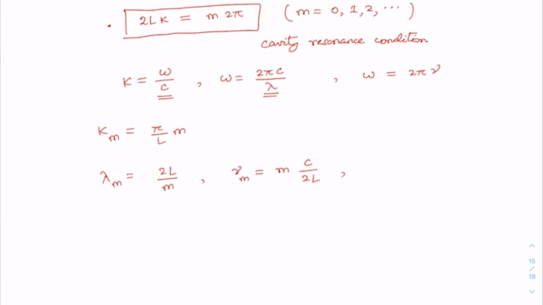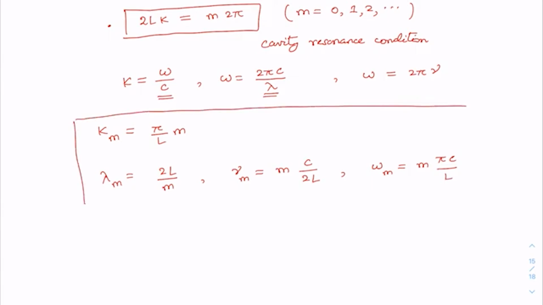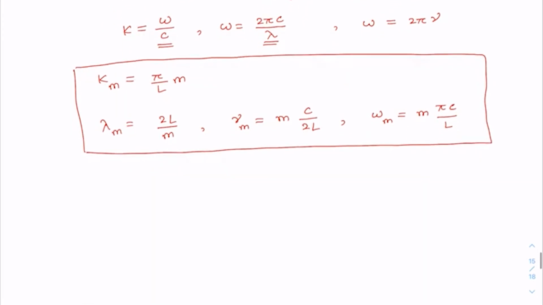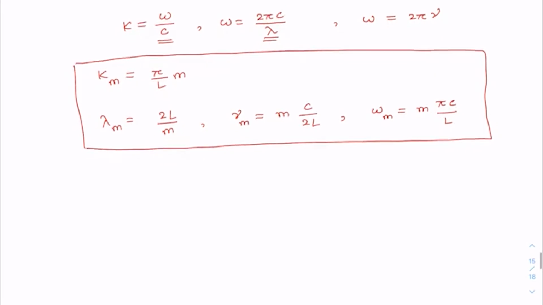Or we can also write it as omega_m equal to m into pi c by L. So these are the same conditions written in different forms, and all these forms are useful depending on the situation. Either of these forms can be used, and we'll use that.